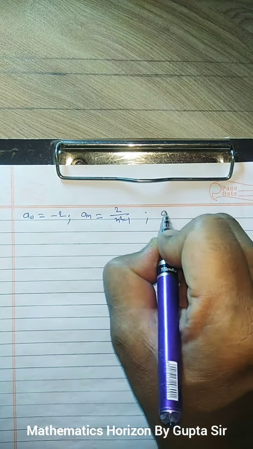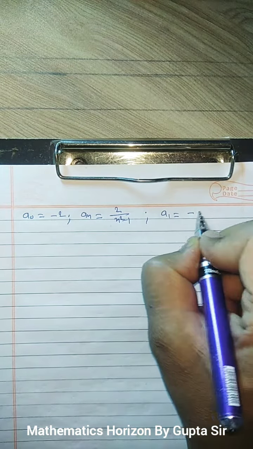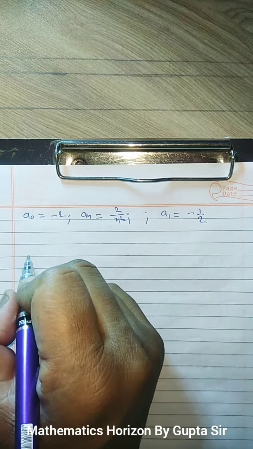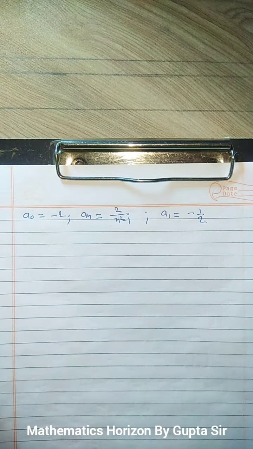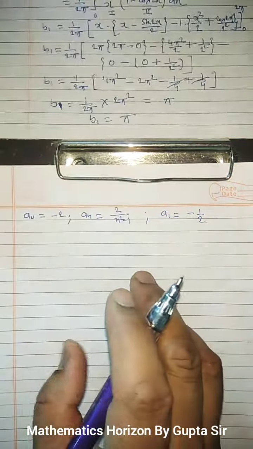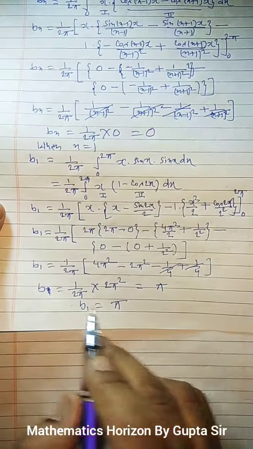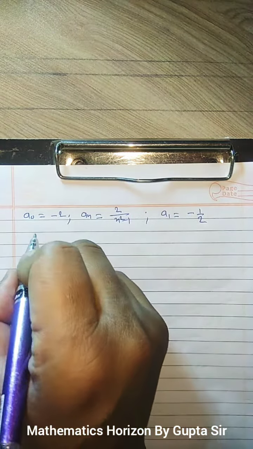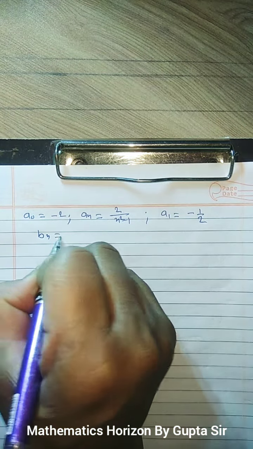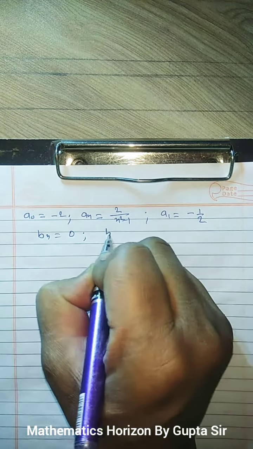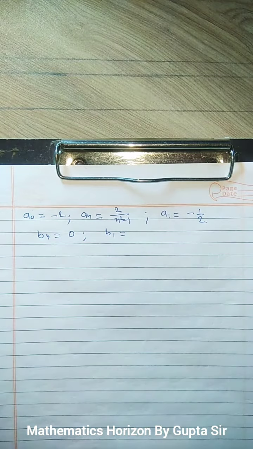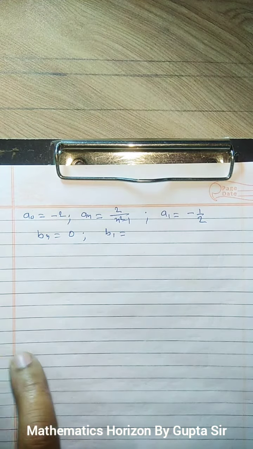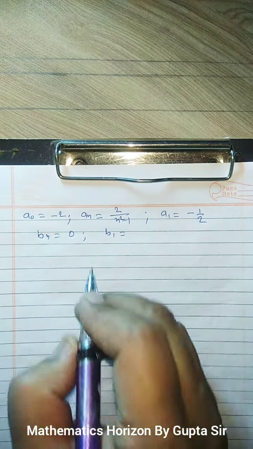Then we calculated a1, we get here minus 1 by 2. After that we calculated bn. bn is equal to 0 and b1 equal to pi. What is the value of b1? We have b1 is equal to pi.